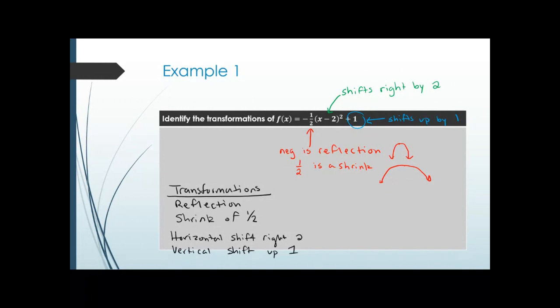So we have 4 transformations. We have the negative, we have the value in front, the 1/2, we have a horizontal shift, and then we have a vertical shift.